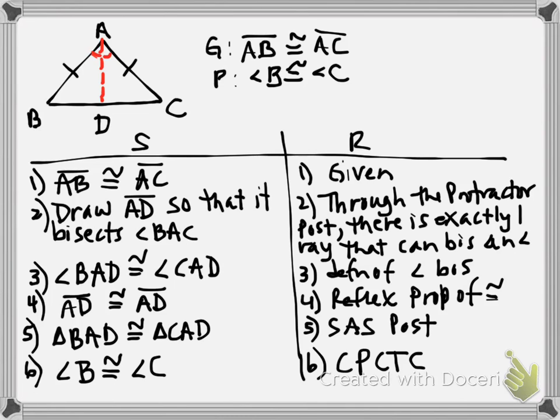Since this theorem, and this is proving the isosceles triangle theorem, that's what this was, a proof of it. That's why I couldn't use isosceles triangle theorem in this proof, because I was proving it. Since it's such a big deal, there's a lot of stuff we can gather from it, so we are going to have some corollaries like we did last time.